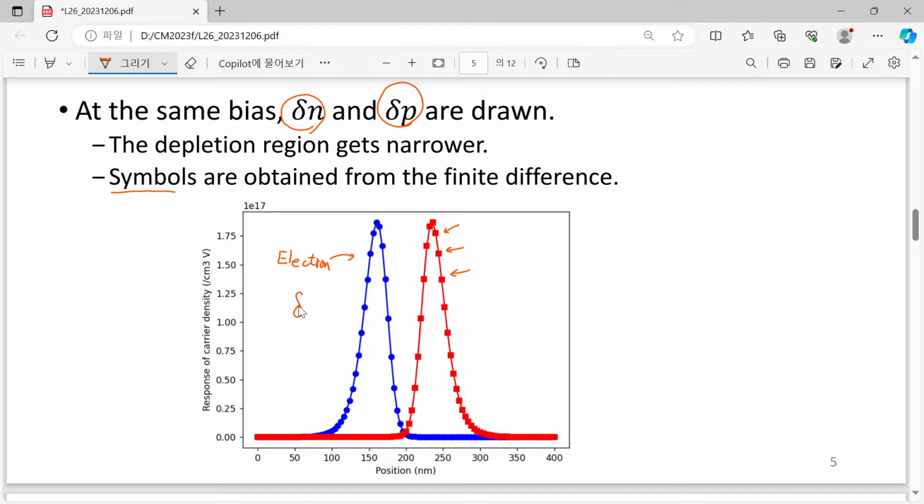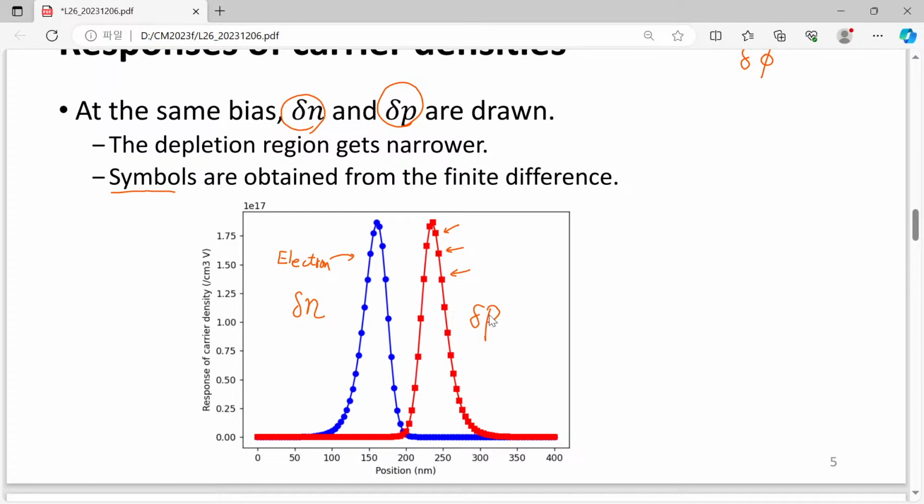So this is corresponding to your delta n, and this red colored line is corresponding to delta p of your holes. So what does it mean?